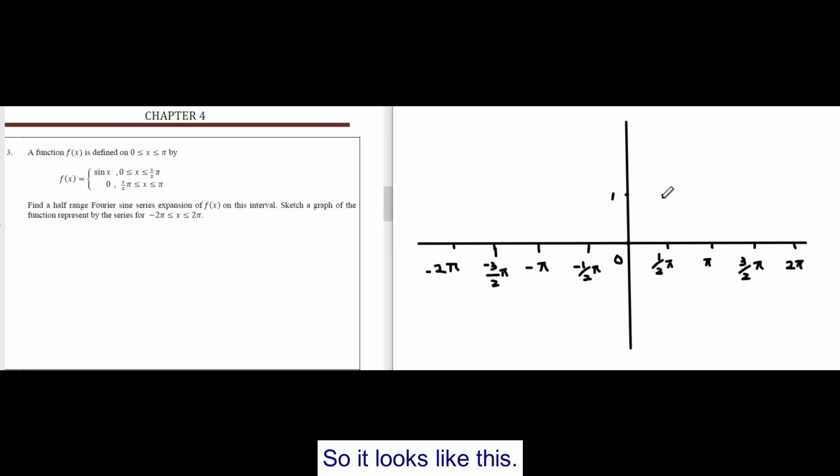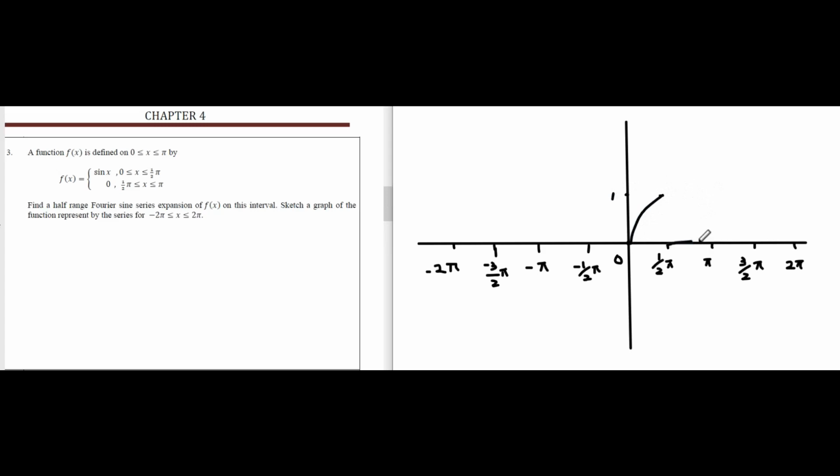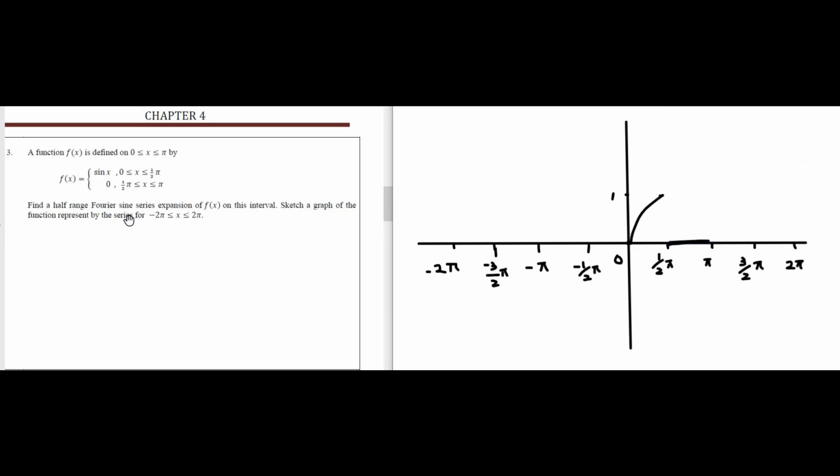So it looks like this. Then we have from half pi to pi is 0. For the sine series expansion, this is an odd function.